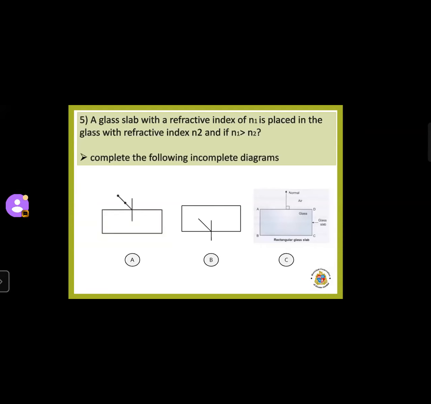Now students, we know that when the medium changes, the refractive index changes, and it forms refracted rays having different angles. Now let us have a look at the answer first.